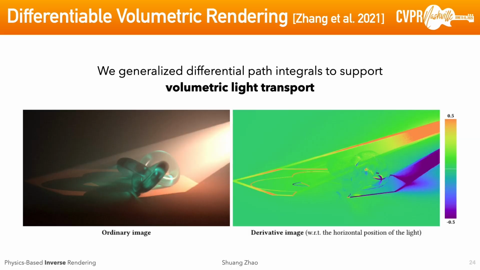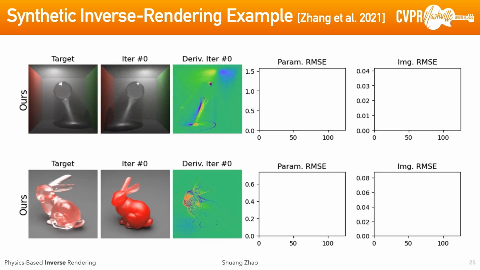Later, we generalized this framework to also support volumetric light transport. As a result, we can do optimizations like this. On the top, we optimize the position of a light source. You can see in this example, we have a synthetic scene filled with participating media, so you can see all the volumetric caustics and everything.